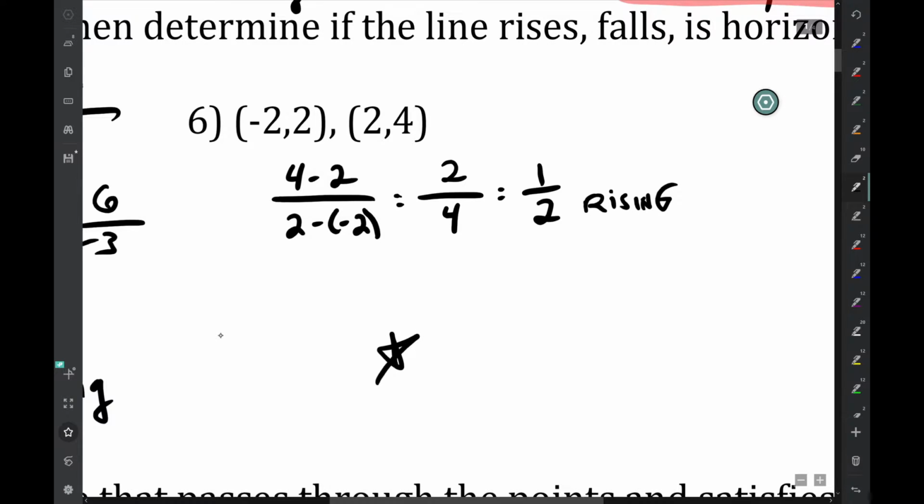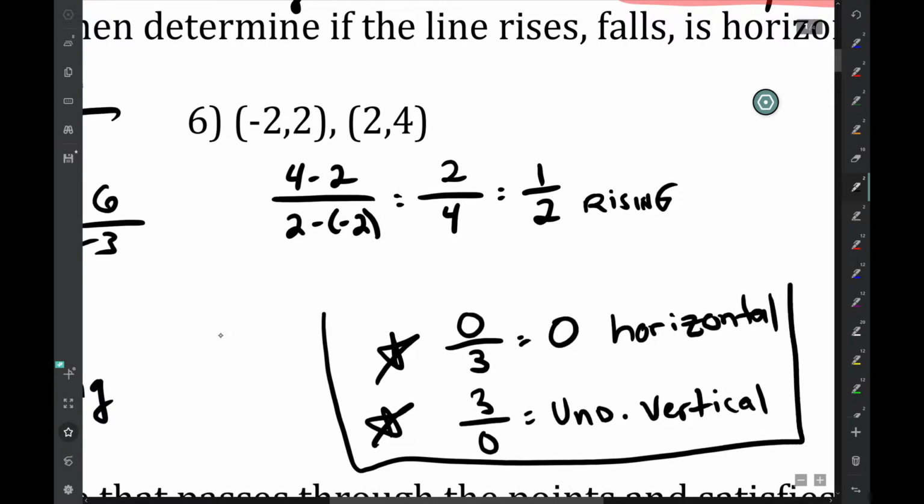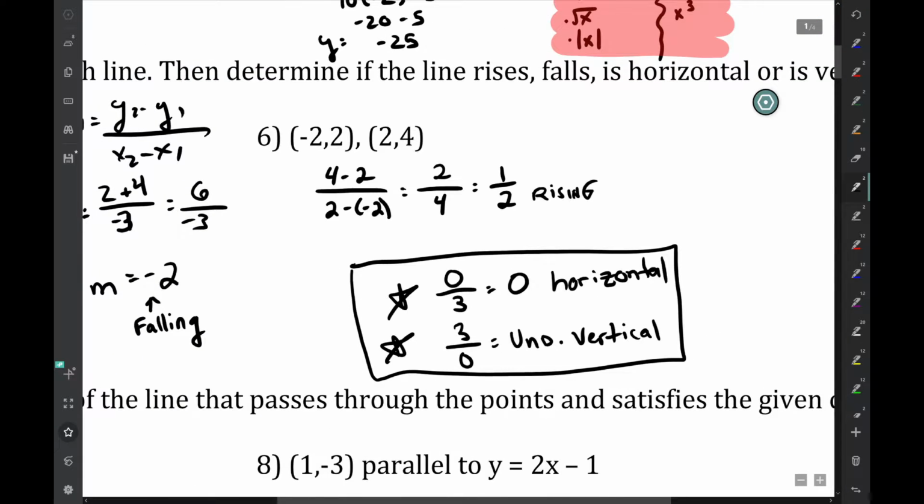Make note, if you end up with a slope of 0 over some number, that is 0, so horizontal. And if you have some number over 0, that is undefined, so vertical. Those are 2 key things to wind up with, an extra little tidbit of knowledge. So falling, rising, all of those different ones.